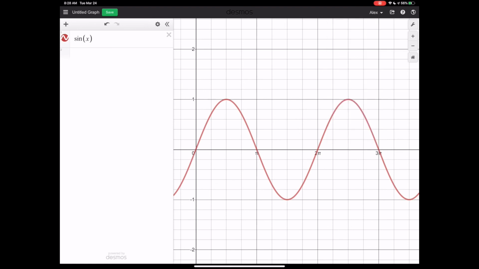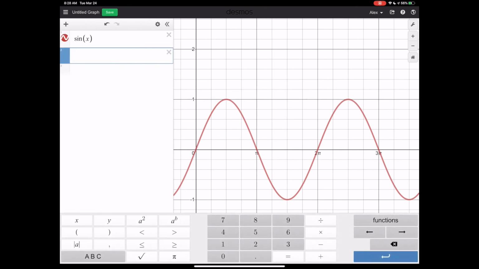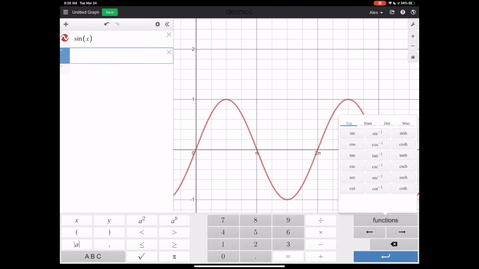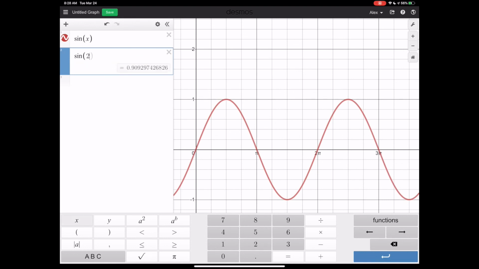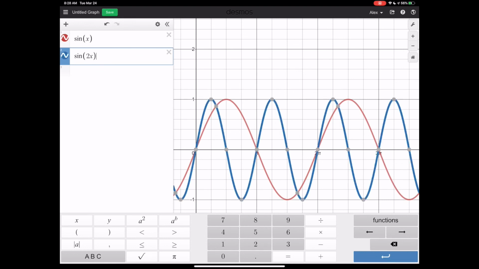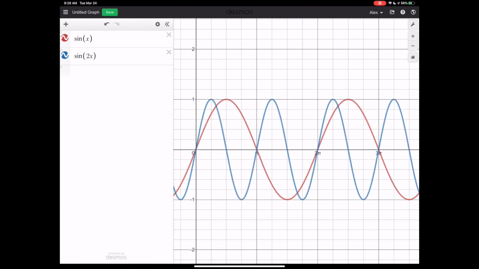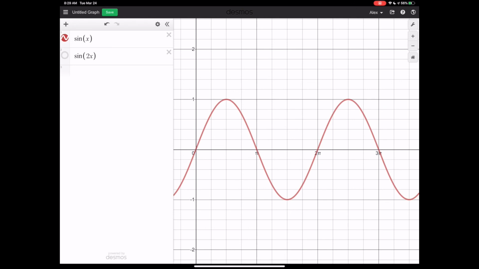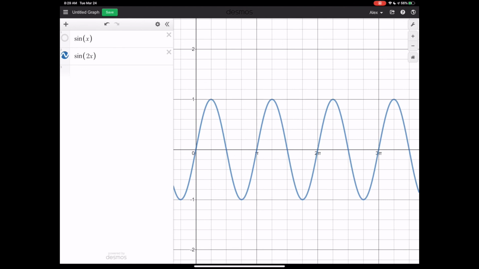The first part of this asked us to graph sine of x and then graph sine of 2x and observe what's happening. The red represents the original function, and notice the blue is now sine of 2x. Essentially, what has happened between these two? Hopefully what you're seeing is that the original sine graph is now getting squeezed and pressed together.